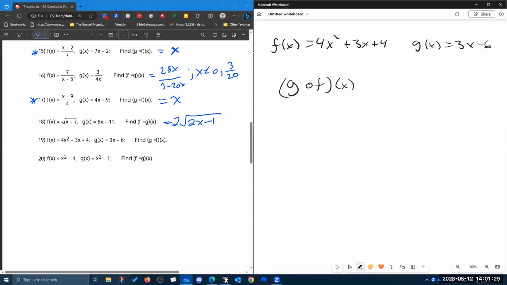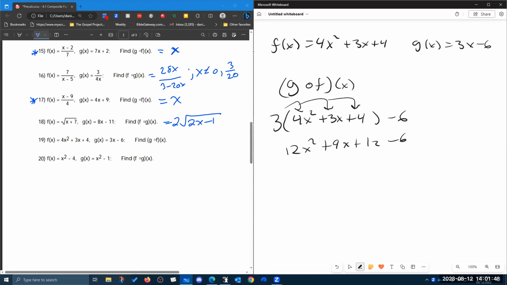So we're going to write down g, and inside for the x there goes f. We're going to distribute: 12x squared plus 9x plus 12 minus 6 is 12x squared plus 9x plus 6.